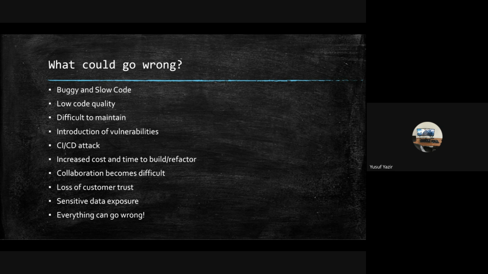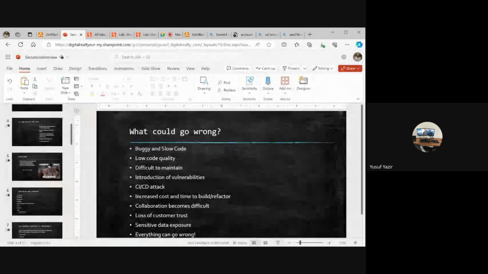So, sensitive data exposure. When you don't care about planning for DevSecOps projects, there's a possibility of you leaking sensitive data, such as secret API keys and stuff, to third parties. And I would like to do a little bit of a live demo on this.